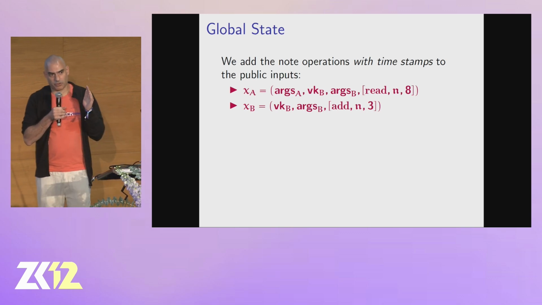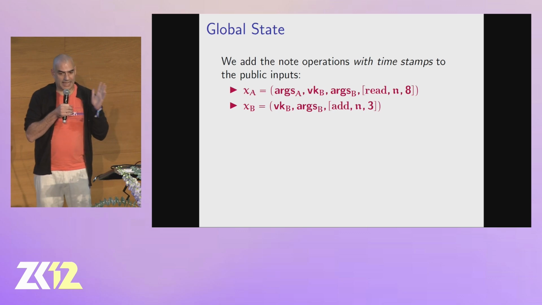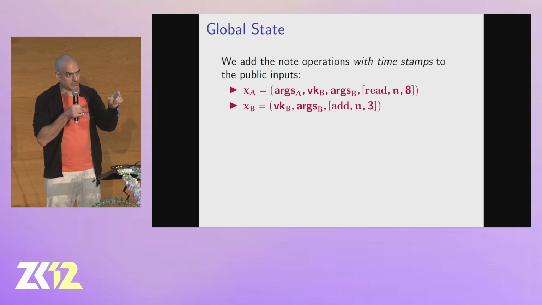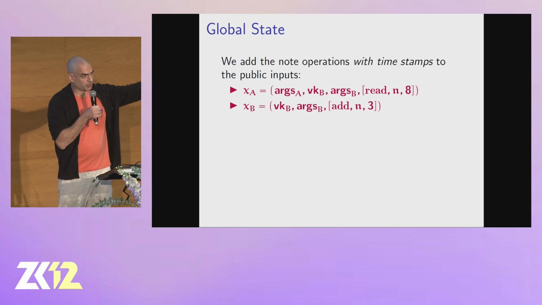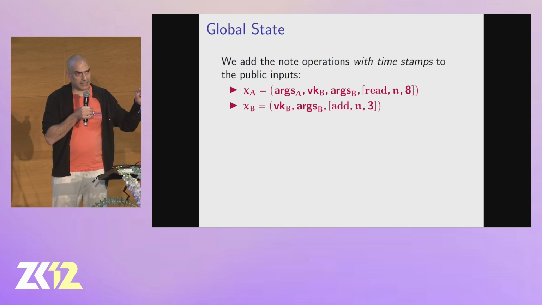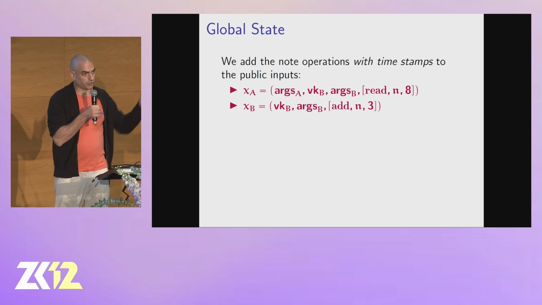So to enable these global state operations, we'll add to the public inputs. So far we had the arguments and the VK of the function you're going to call next, maybe. We'll also add to the public inputs the note operations you're doing.